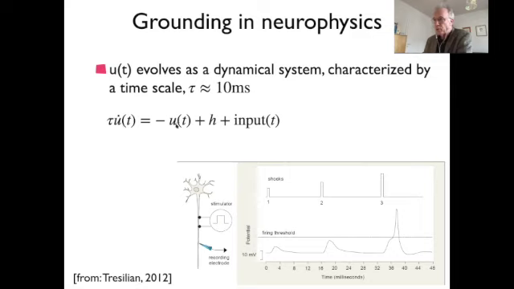Tau U dot equals minus U. U is the letter we use for activation. I put the tau here on the left, rather than divide by tau. You could also put it here, as 1 over tau would be the slope of that minus U term. And so this linear dynamics has exponential solutions, as you've exercised also last week.